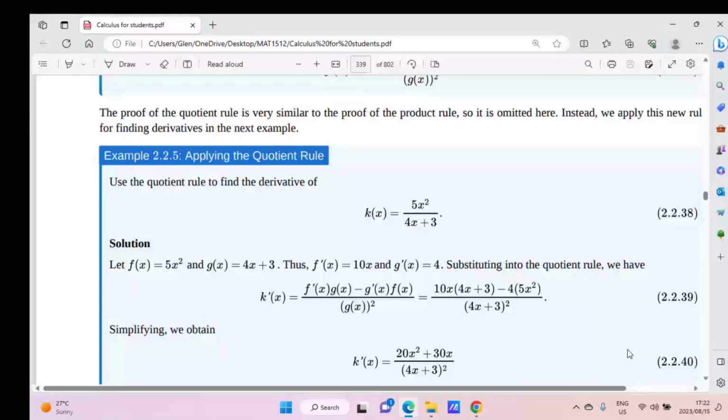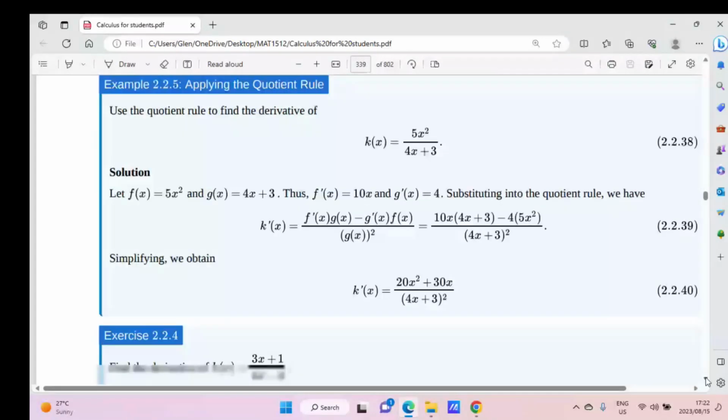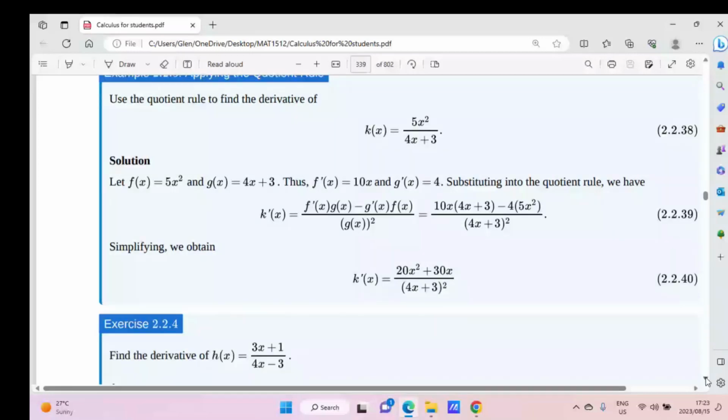Okay, thank you. Here it follows. Find the derivative of h of x, which equals 3x plus 1 all over 4x minus 3. Can everybody see it? Yes, we can see it. Okay, thank you, Alvin.